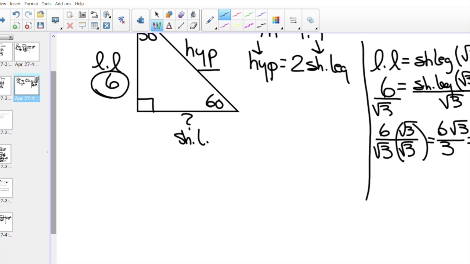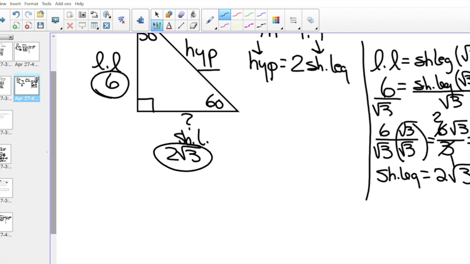But we can cancel the 3 and the 6, not the 3 and the 3, because that 3 is under the radical. You can't do that, but you can cancel the numbers outside. And so we have the shorter leg is equal to 2 root 3. So this side is 2 root 3.